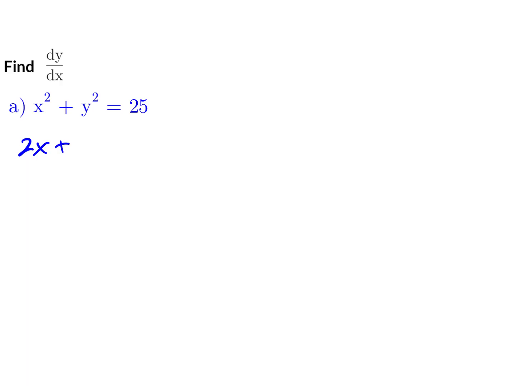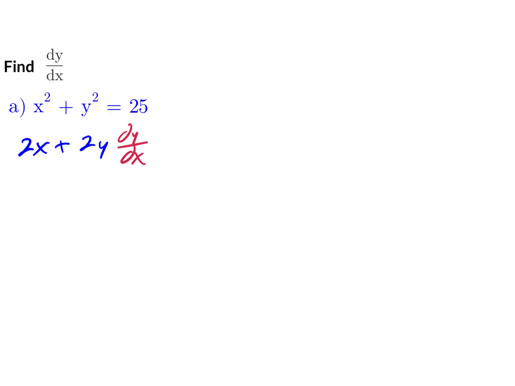But the mechanics are basically the same. If you use the same power rule principle to take the derivative of y squared, what would it be? It would be 2y. However, because we are differentiating with respect to x, this is a place where we have to have the additional term.